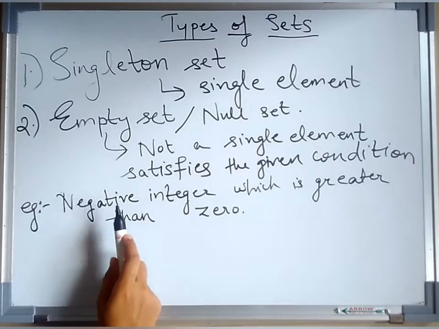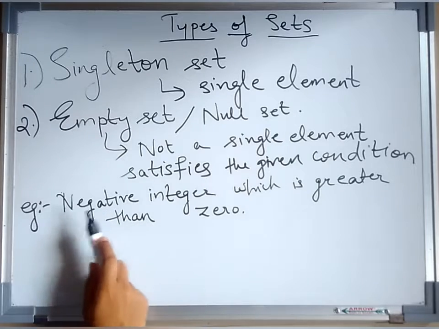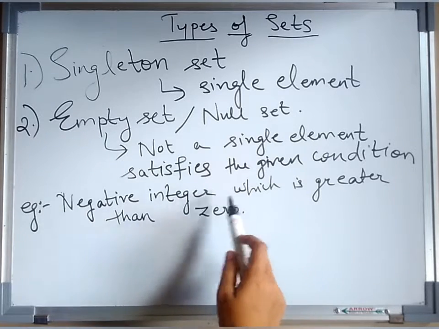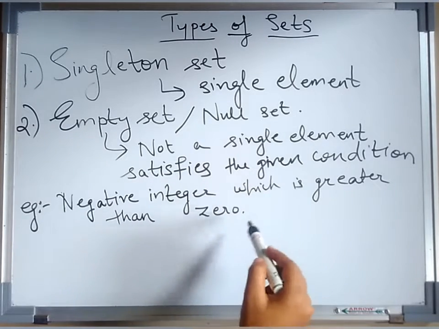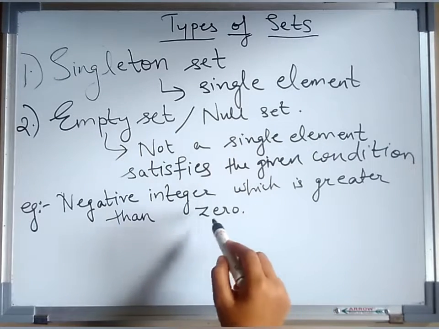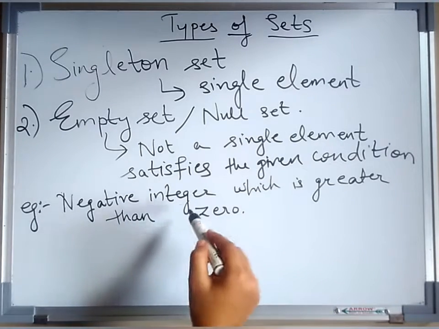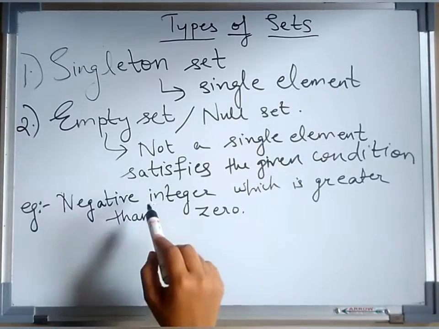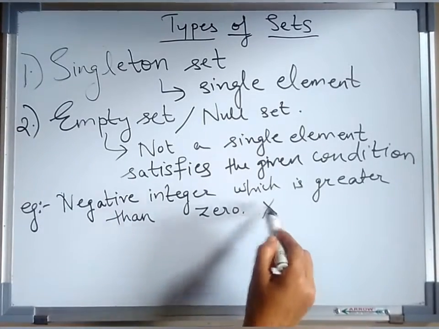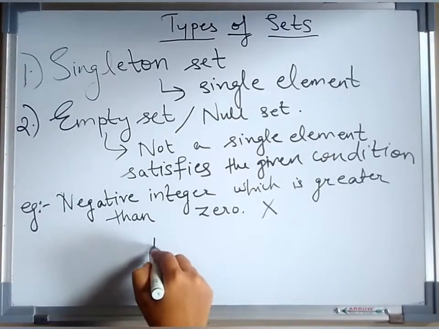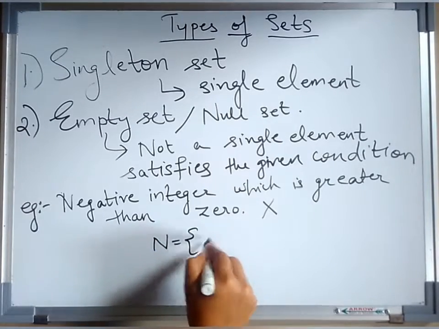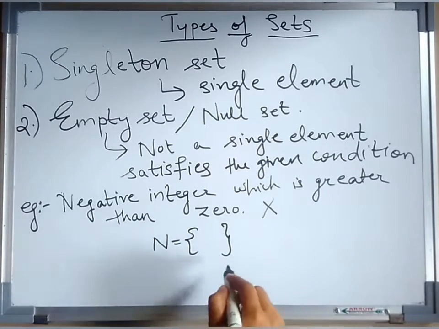So can we find any negative integer which is greater than 0? All the integers which are greater than 0 are 1, 2, 3, 4 and so on, but none of them are negative. Every negative integer is less than 0. So we cannot find any element satisfying this condition. So my set will be empty, no elements in it.